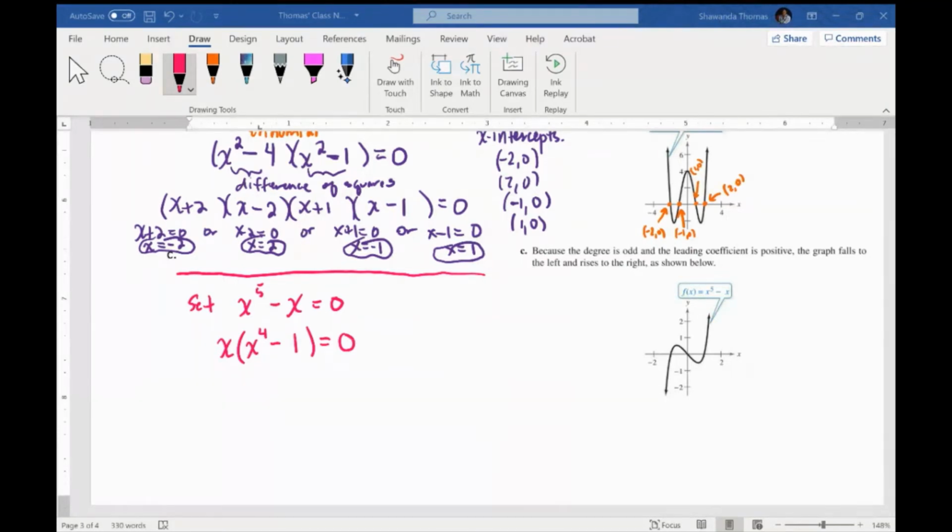All right, well, let me ask Alicia, Kenneth, Nakiria, or Zoe. What would you do next? You're going to factor again. Yep, because what is this called right here? Difference of squares. Yep, another difference of squares.